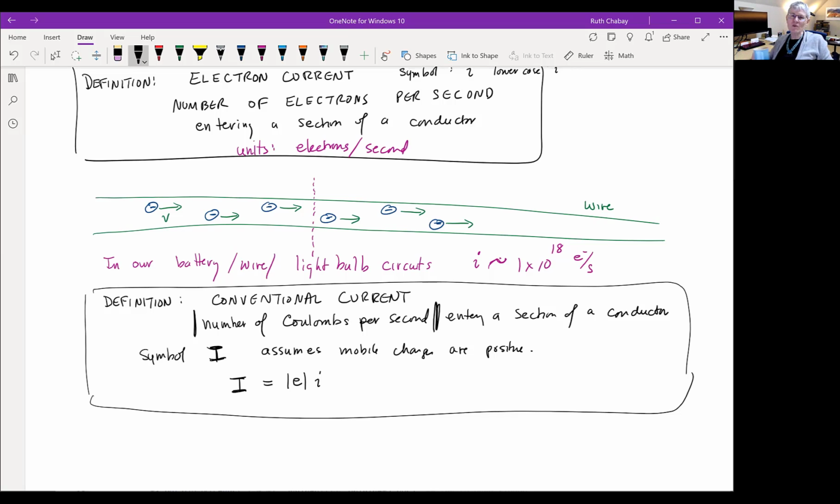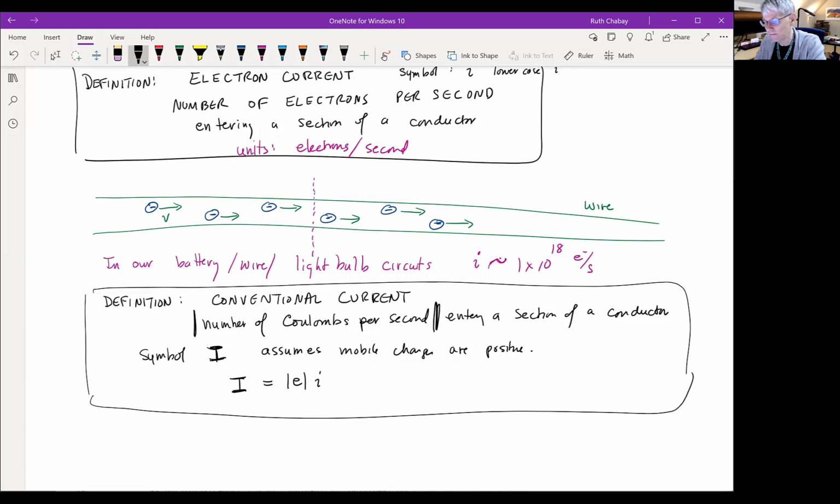When Benjamin Franklin was doing his early experiments with currents, he realized this was related to the static electricity experiments people had done before, and that there were charged particles moving in these wires. He didn't know what they were because no one knew about electrons yet, and so he guessed that they would be positive.